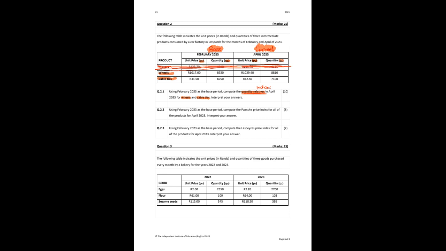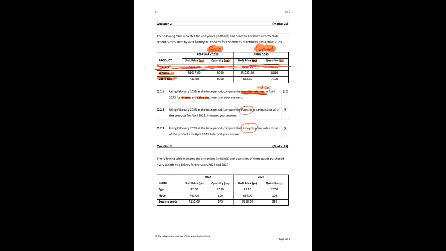So as long as they don't specifically say the words weighted or unweighted, or mention Laspeyres or Paasche, as they did here, as long as it doesn't mention those four words, they just say quantity relatives or quantity indices, or they could say price relatives or price indices.